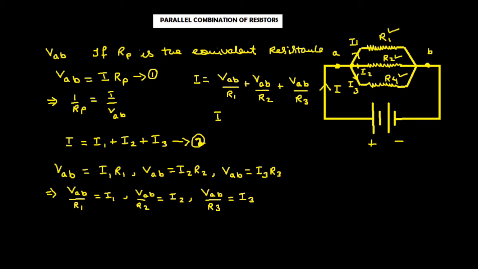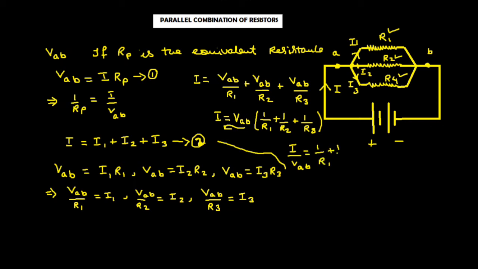From here we can take VAB common. So we can write 1 by R1, 1 by R2, 1 by R3. If we take VAB to the other side, we can write I by VAB equal to 1 by R1 plus 1 by R2 plus 1 by R3.